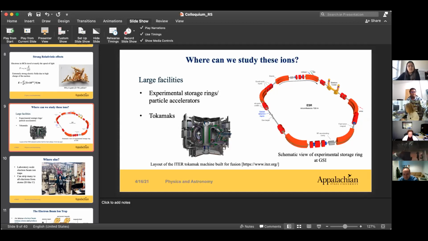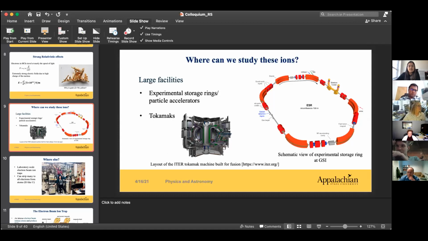There are many tokamaks around the world, but one of the very interesting ones that's been in construction for a while now is called ITER. If you go to this website, you can learn all about what ITER is, but basically it is the largest tokamak being built to be used as a fusion power plant. And it's a collaboration among 37 countries.